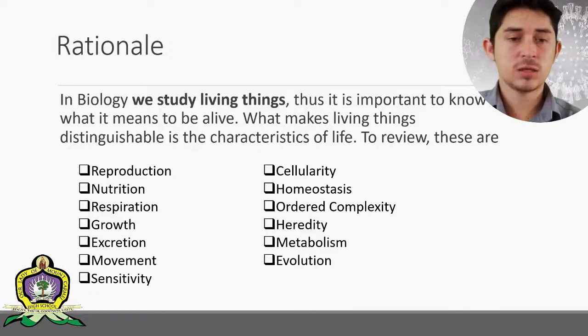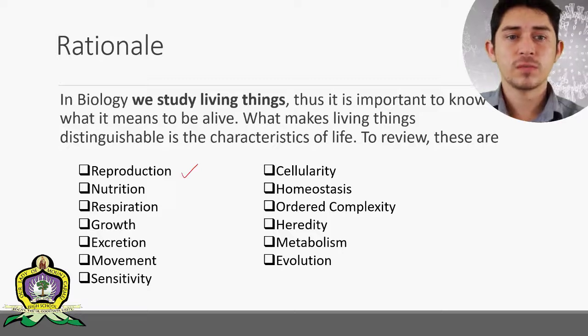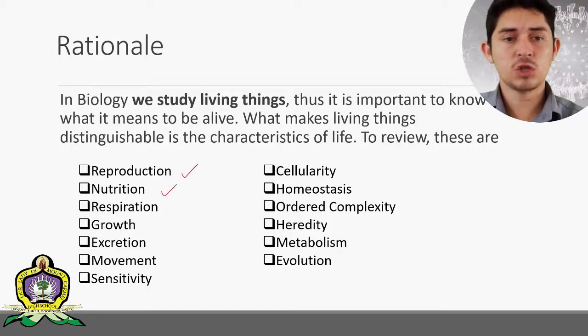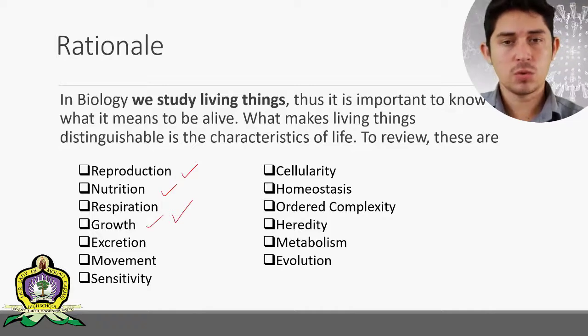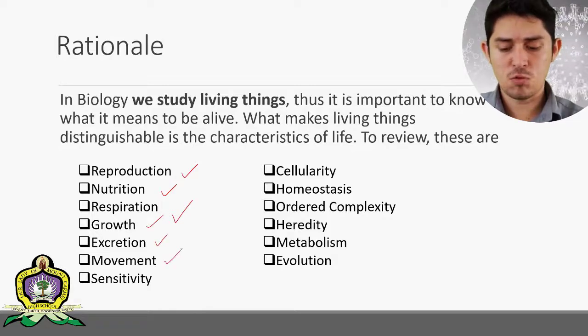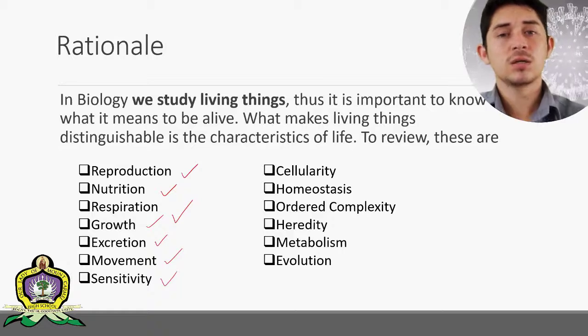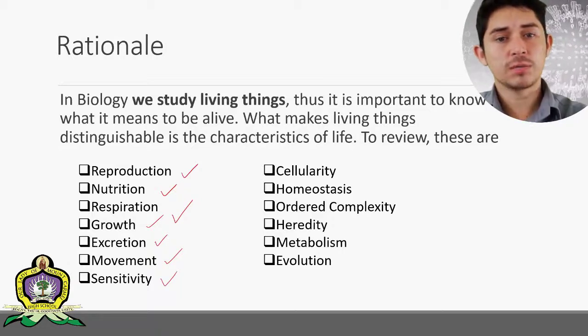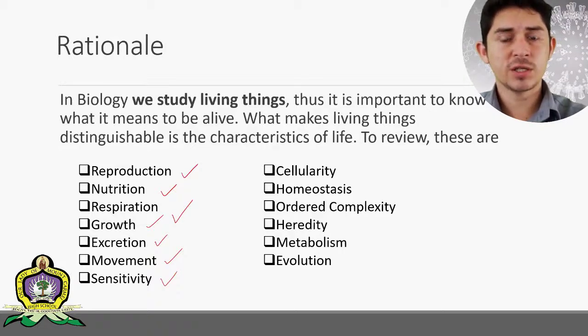So all living things need to reproduce, they need to obtain nutrition, they respire, they grow, they excrete, they move, and they respond to stimuli, which is sensitivity. Those are the old and traditional characteristics of living things.